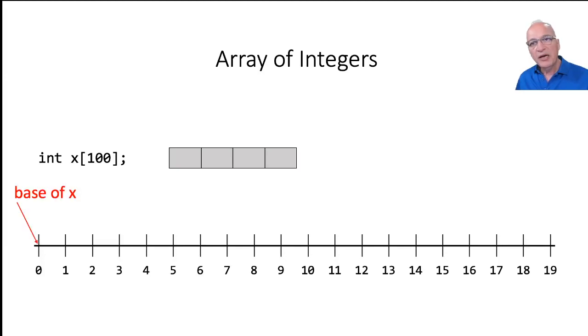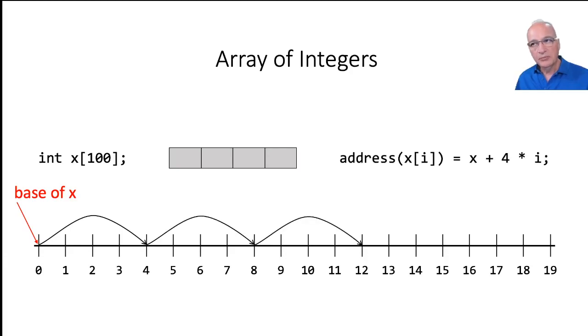And if the base of the array x were, for example, at 0, what I'll be doing is keep counting by 4 to find the next elements of the array. So the first element is at 0, the next element at 4, and then at 8, at 12, and so on.